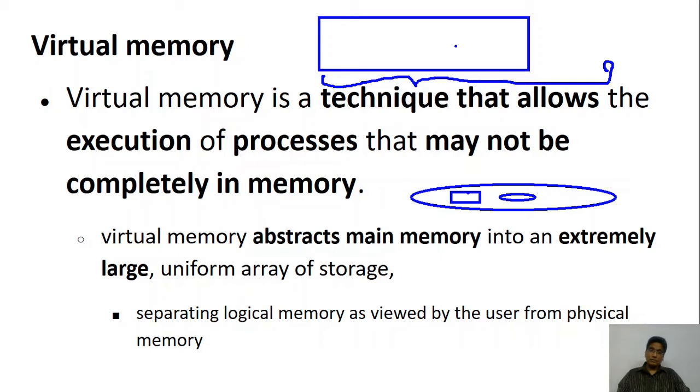If virtual memory was not there, then such a program can't be executed because the entire program cannot be fitted into the memory. Let's assume that you have written some commercial application, a very large application. It will go beyond the limits of the RAM or the memory on the system, and because the program is larger, it cannot be fitted into the memory.